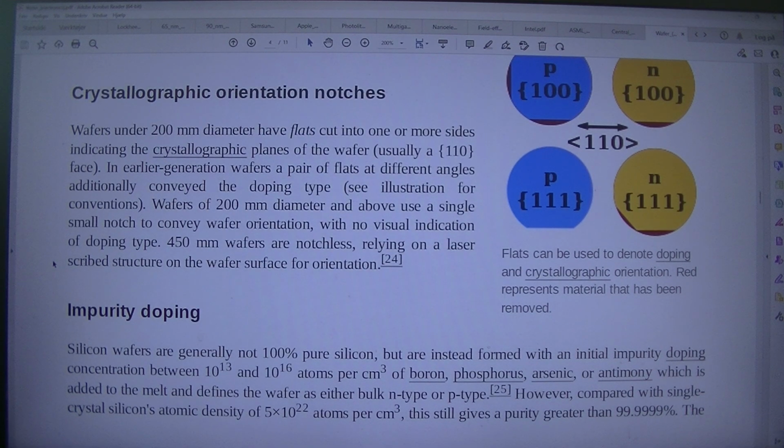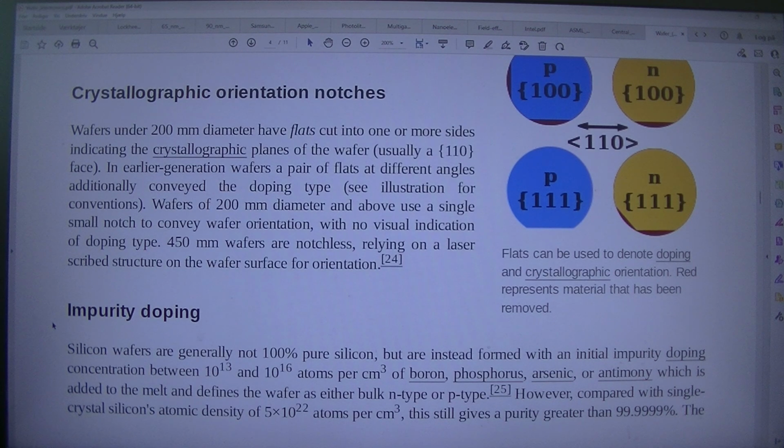Impurity doping. Silicon wafers are generally not 100% pure silicon, but are instead formed with an initial impurity doping concentration between 10^13 and 10^16 atoms per cm³ of boron, phosphorus, arsenic, or antimony, which is added to the melt and defines the wafer as either bulk N-type or P-type.